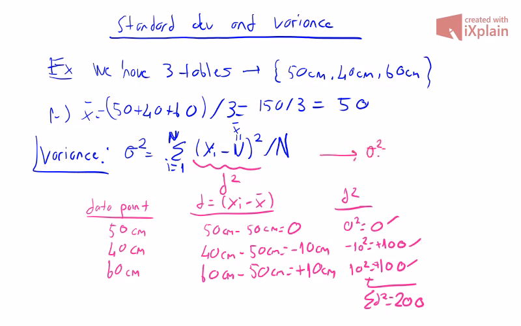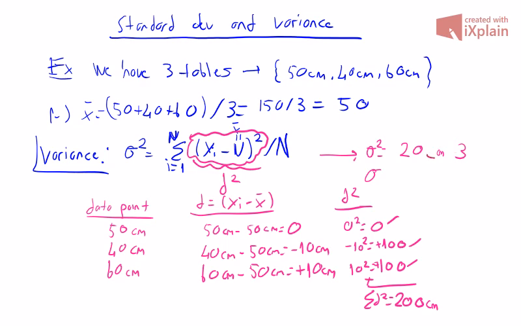Sigma squared is equal to 200, because this value here is 200, divided by n, and n is equal to 3. So sigma squared, by the way, this is in centimeters, right? So this will be in centimeters squared.